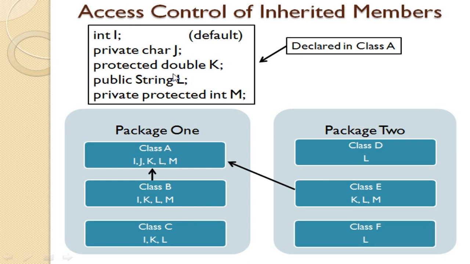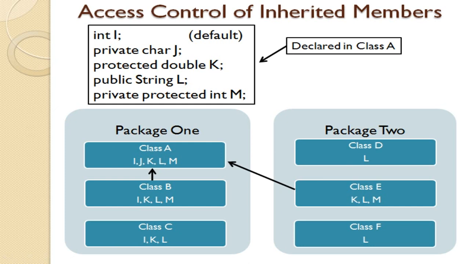Next is protected K. You can see that protected variable K has been used in class A, class B and class C of package 1, and also in class E of package 2. One thing you can notice is that the protected keyword is always used in the inheritance concept. If you declare any variable as protected, it can be used from inherited classes also.